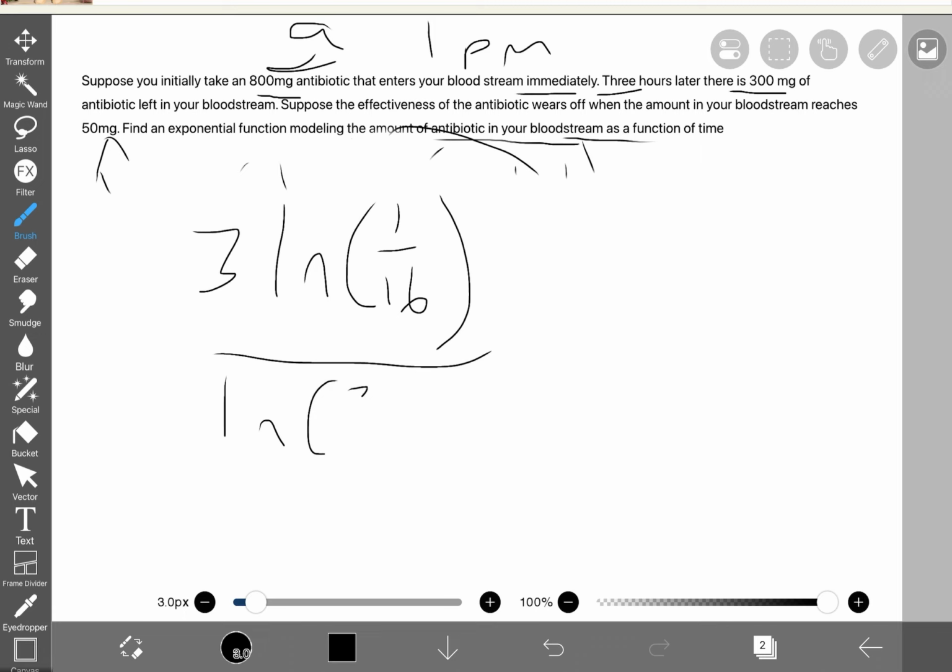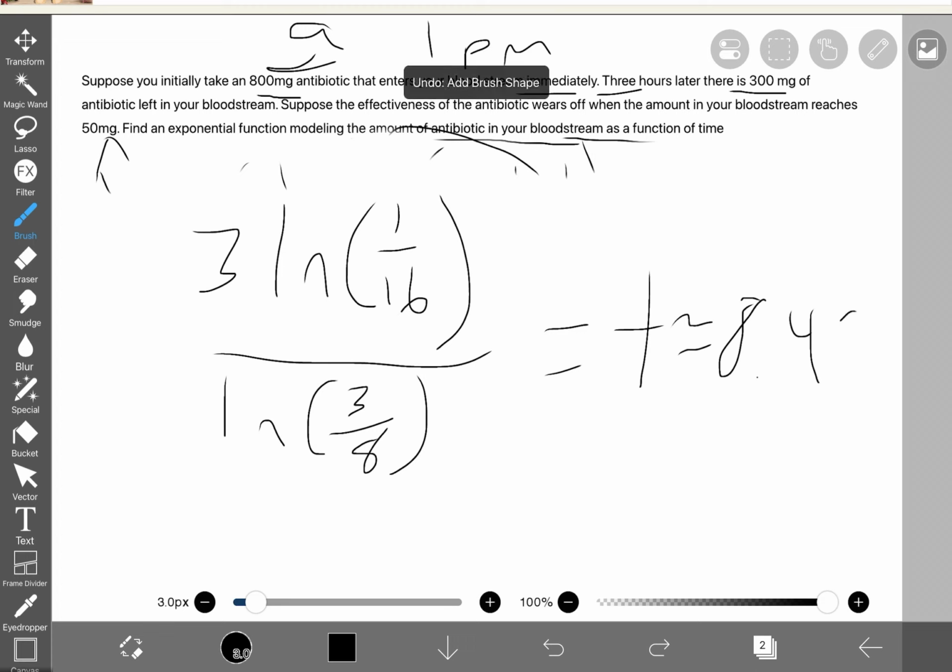Over ln of 3 over 8. That's equal to t, and if you plug it into your calculator, that's roughly 8.48 hours.